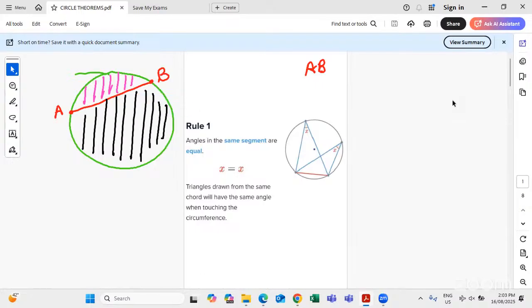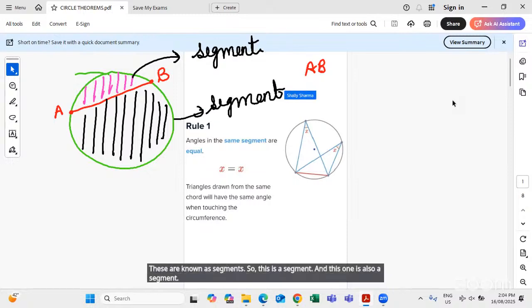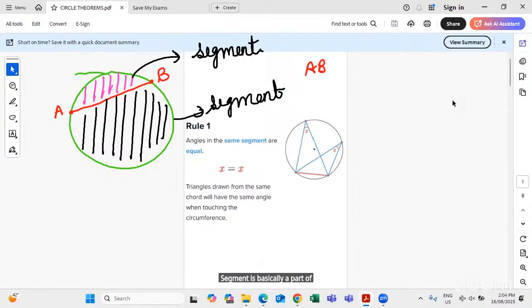So these two parts of the circle which are inside the circle are known as segments. So this is a segment and this one is also a segment. A segment is basically a part of the circle which is obtained by drawing a chord.